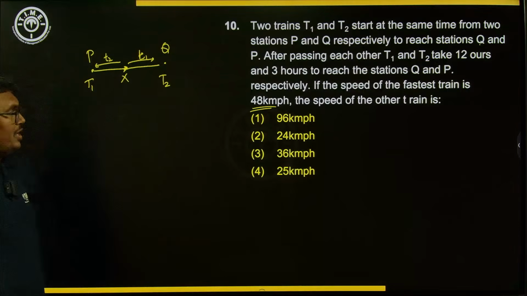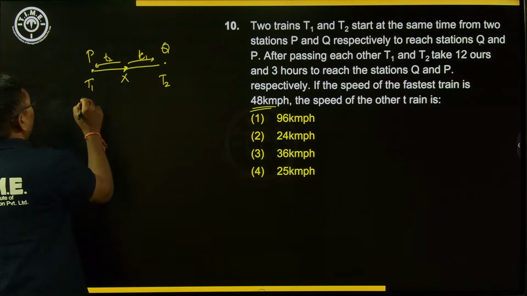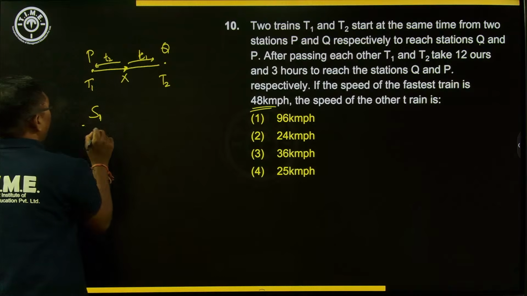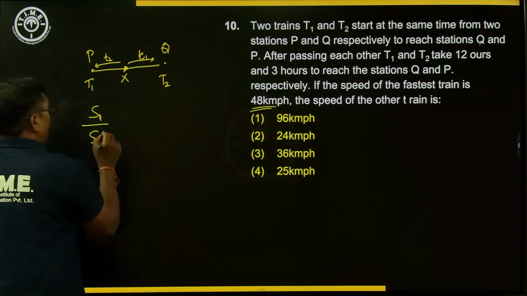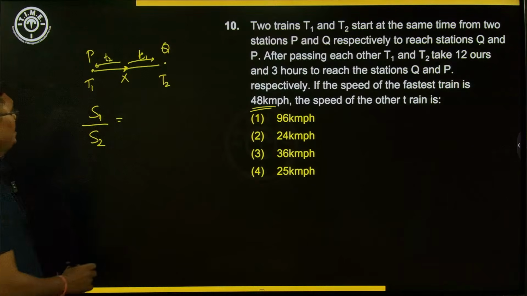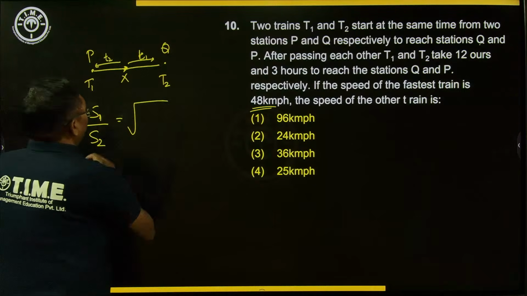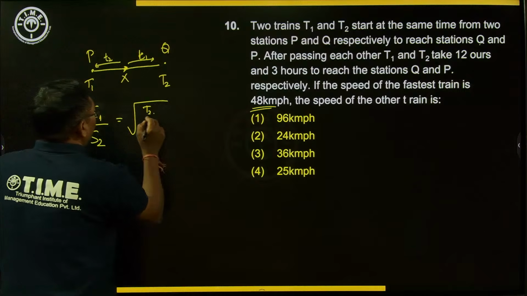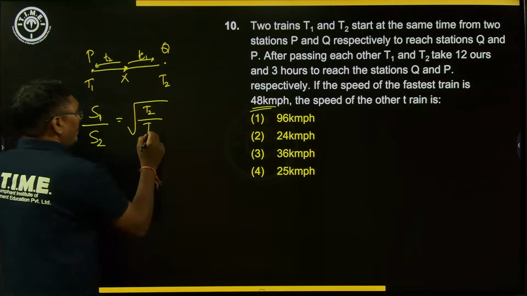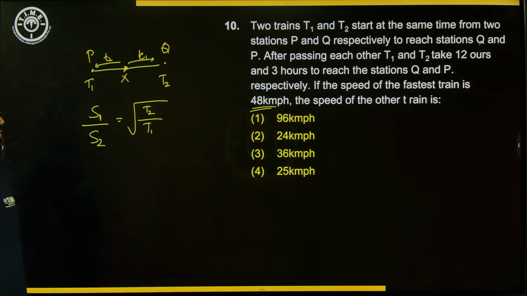The speeds ratio is given by the speed of train 1 and speed of train 2, which is the root of the time taken by the second train over the time taken by the first train. Okay.